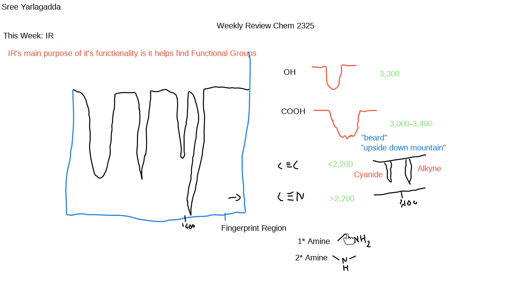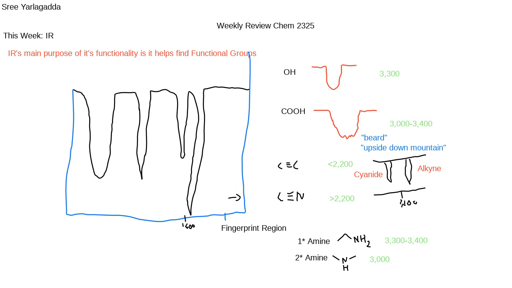And these have a specific marking also on the IR graph. So first I'll just discuss the ranges. Primary amine is around 3,300 to 3,400, and then secondary amine is around 3,000.